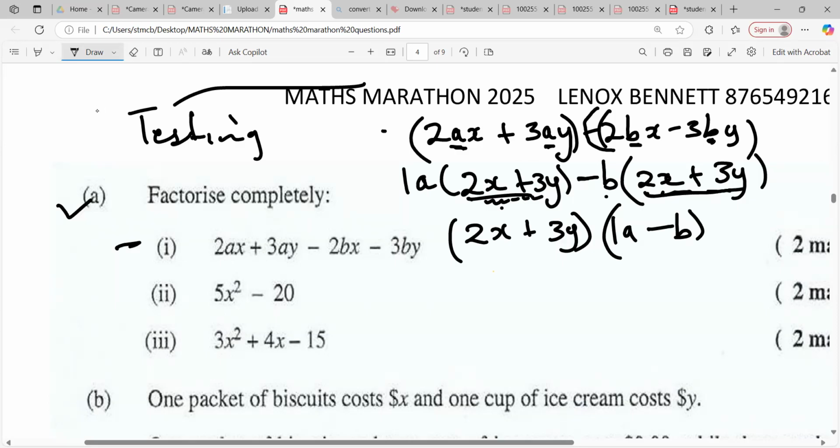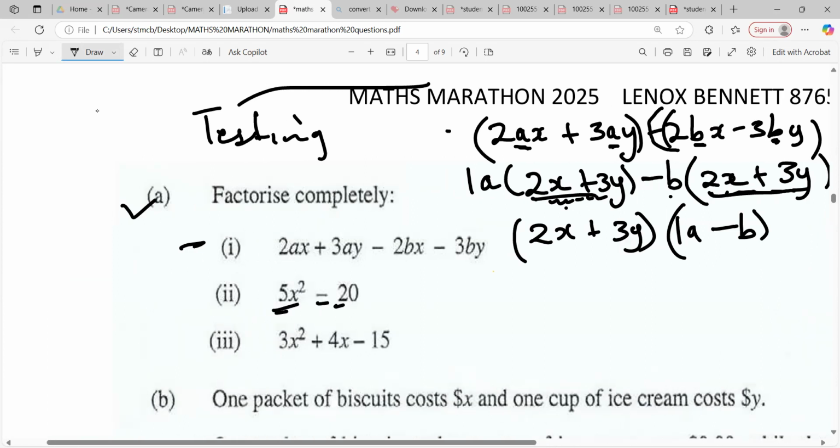Alright. In terms of this now, CXC actually put in a little trick to this one here. You can do it a particular way, but you can further factorize it. So most persons would say, all right, let me rewrite it first. So we have 5x squared minus 20. We know that 5 is common, right?